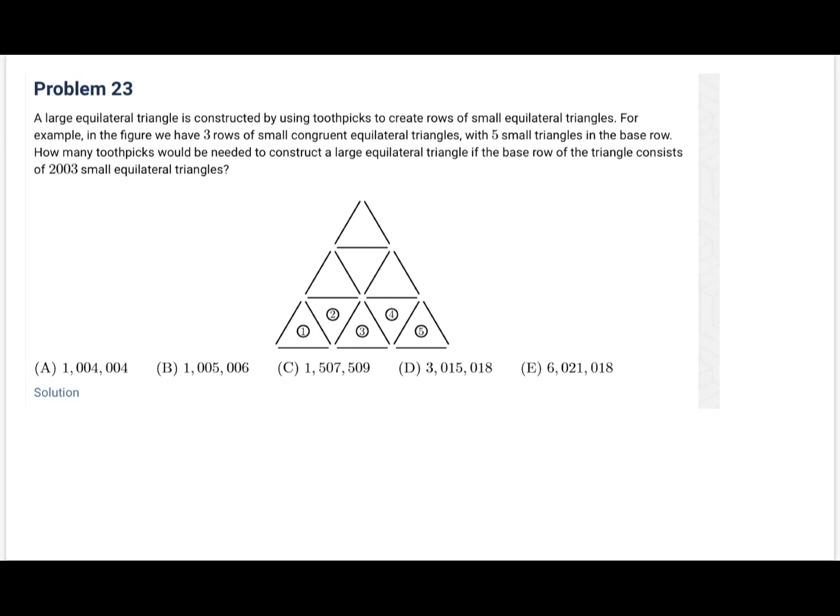So for this one, the number of toothpicks are multiples of 3, right? Because we can have one triangle each here. And since it says there are 2003 small equilateral triangles on the base, that means there are 1002 of these upright triangles.